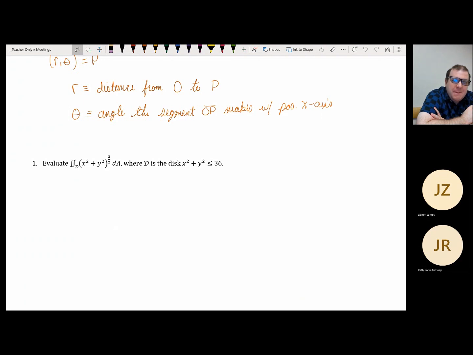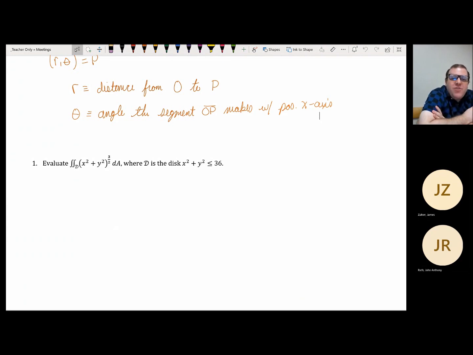So notice something. The integrand x squared plus y squared all raised to the 3/2 power. If we were to try to do this in rectangular coordinates, you couldn't. You have to convert this. You determine if you solve it or not. Or you just try if you can.